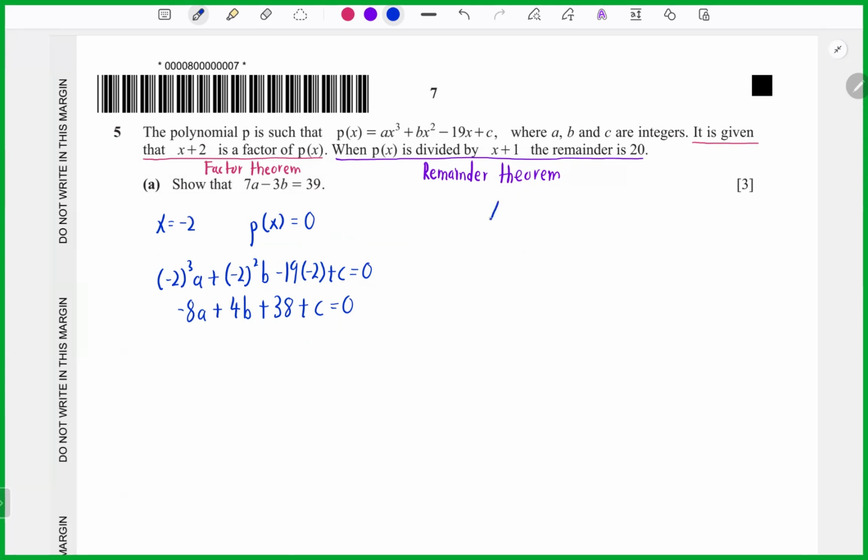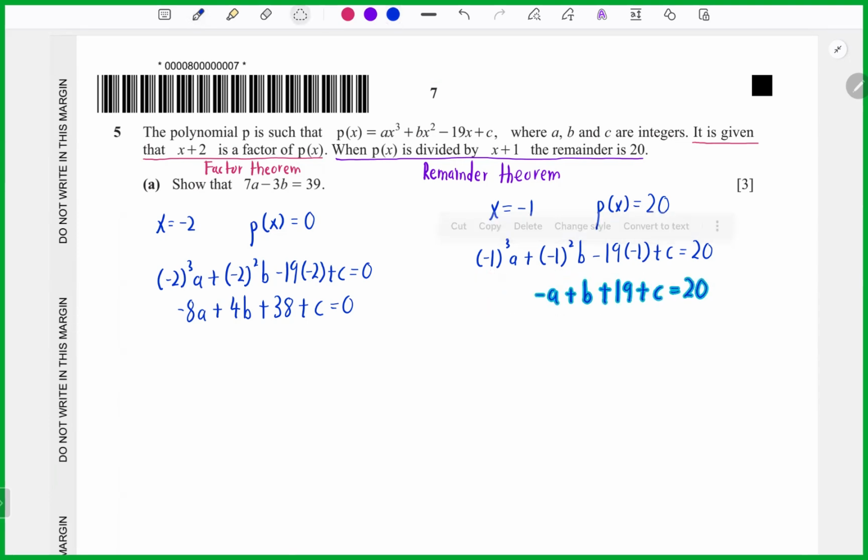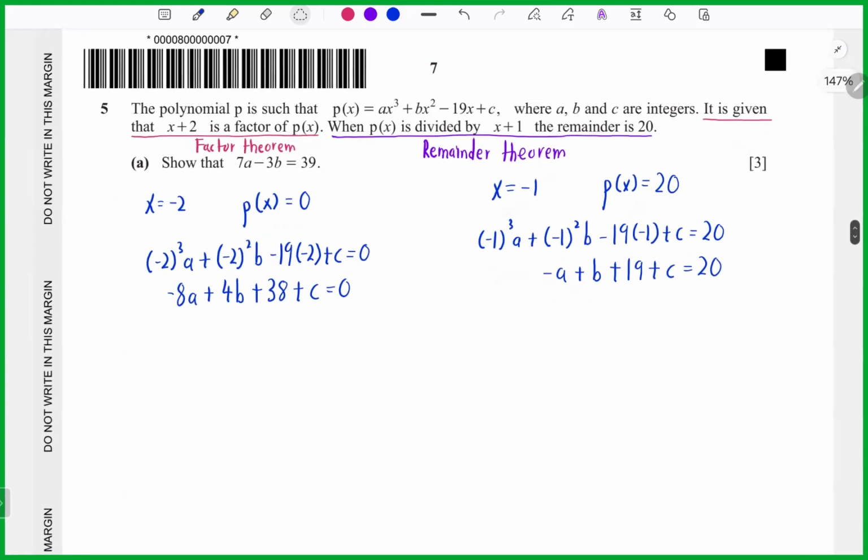Now when x equals negative 1, your p(x) will equal 20. So you can apply negative 1 cubed a plus negative 1 squared b minus 19 times negative 1 plus c equals 20. Negative a plus b plus 19 plus c equals 20.